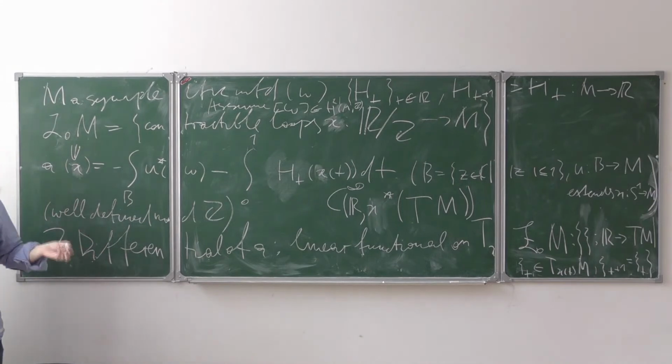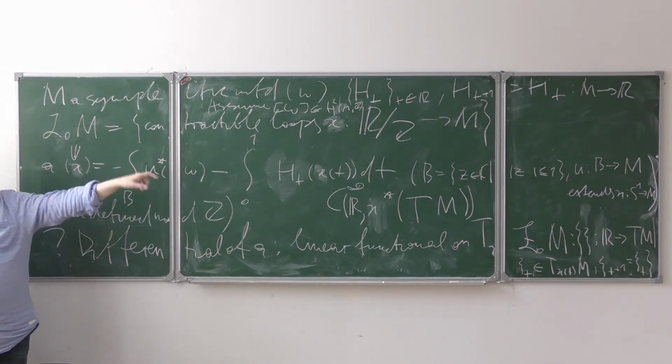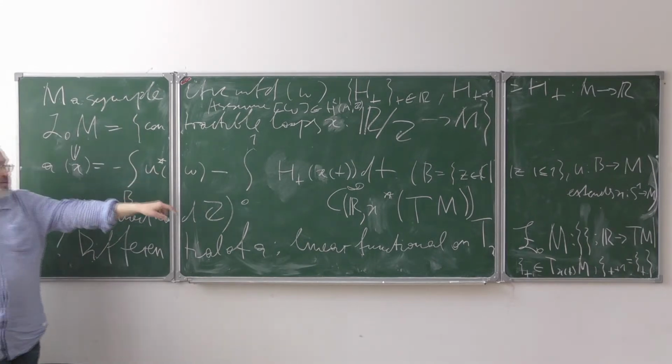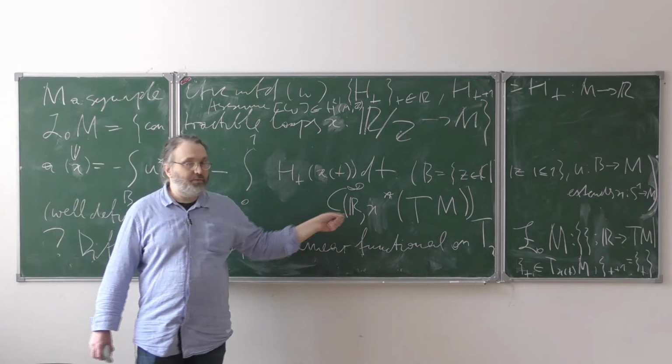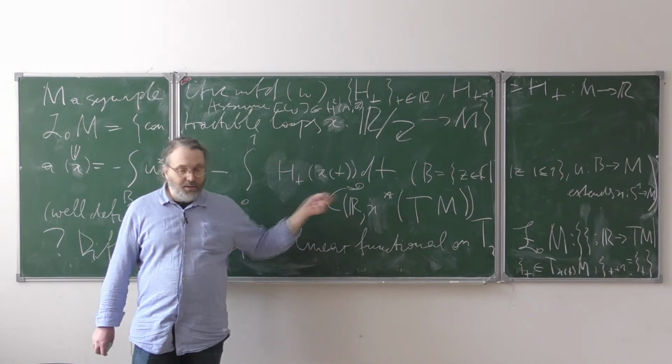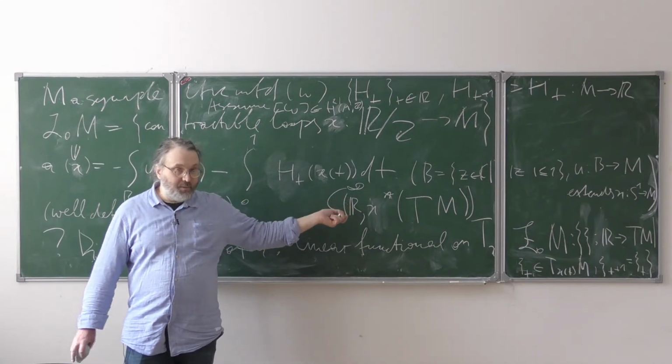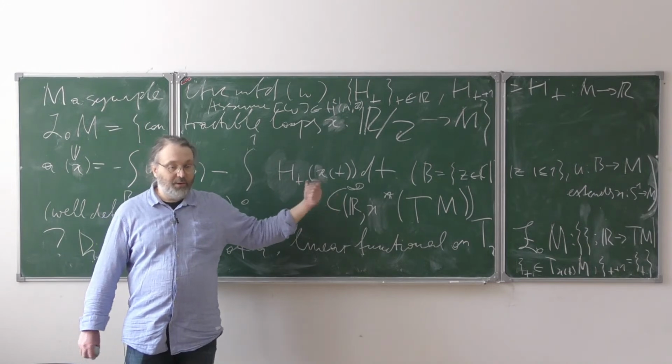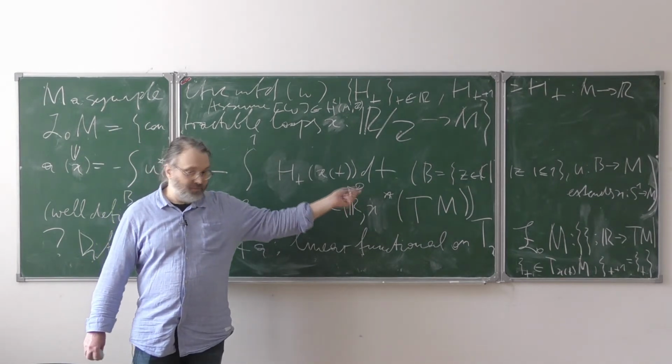Now, the answer is, it looks plausible that L naught is indeed a manifold, and moreover a Fréchet manifold with the model Fréchet space being the space of sections of a smooth vector bundle on the circle of rank equal to the dimension of the manifold.